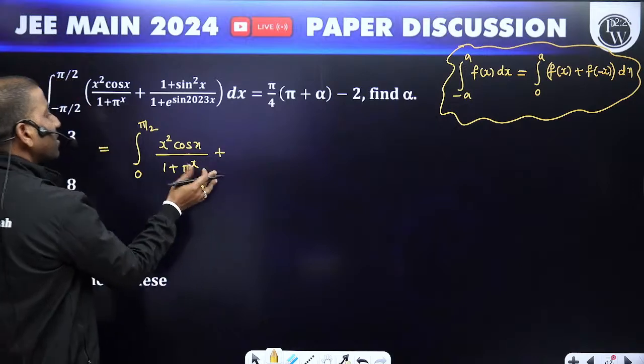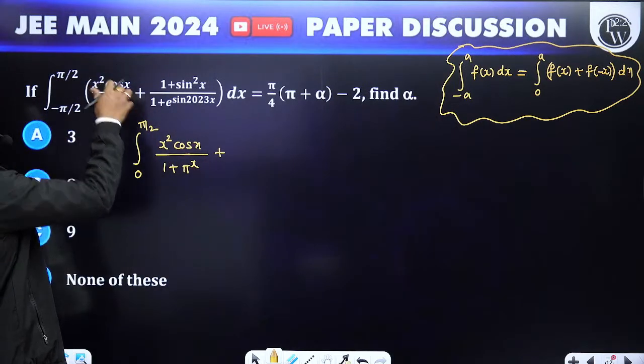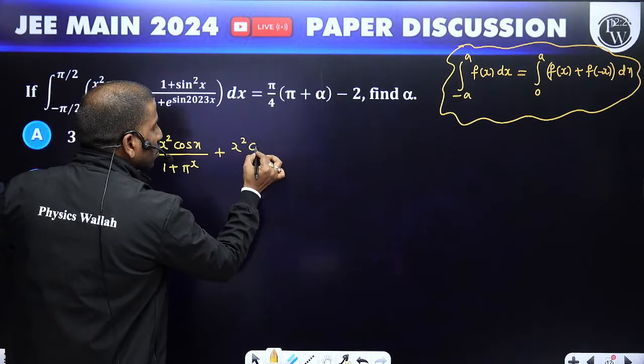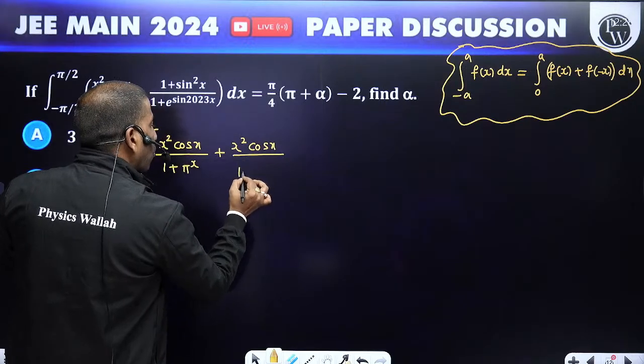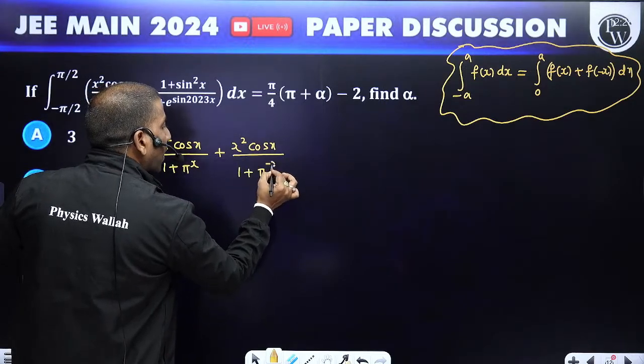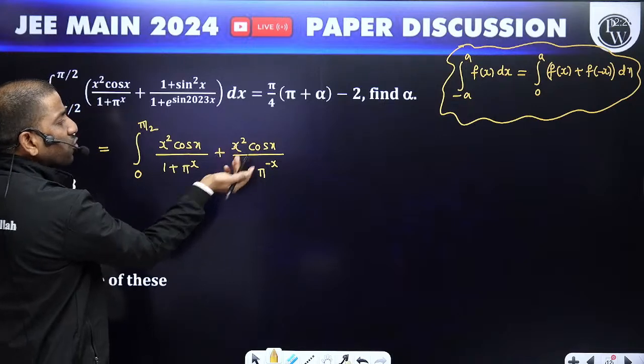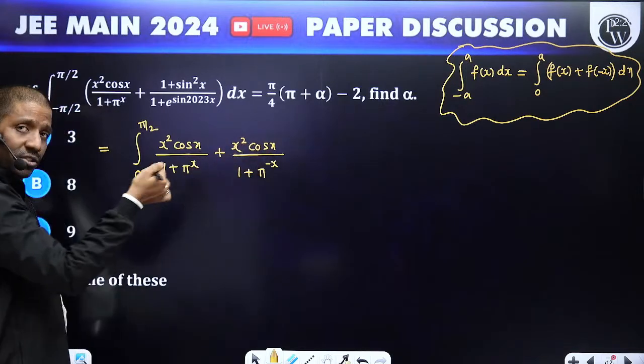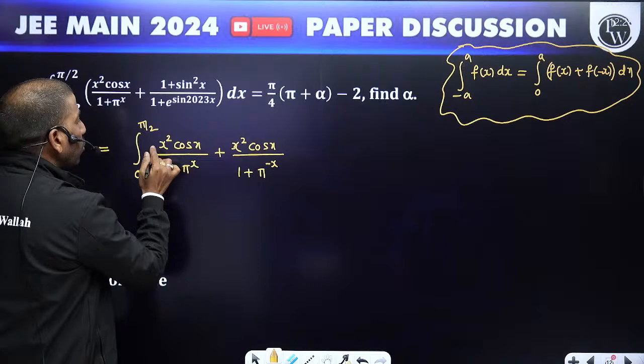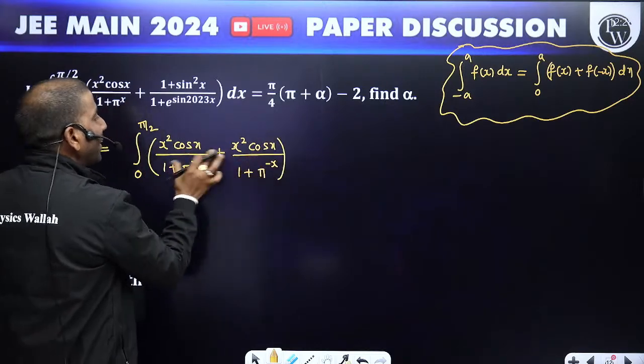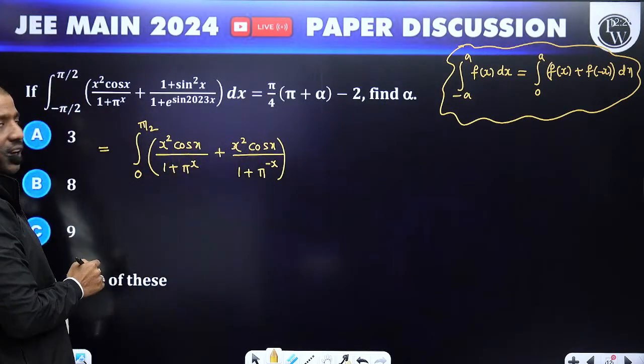For our convenience, I am writing f of minus x only for this part: x square cos x by 1 plus pi power minus x. Because minus x square is also x square, and cos of minus x is also cos x, we don't get any difference here. Again, we will get x square cos x only.